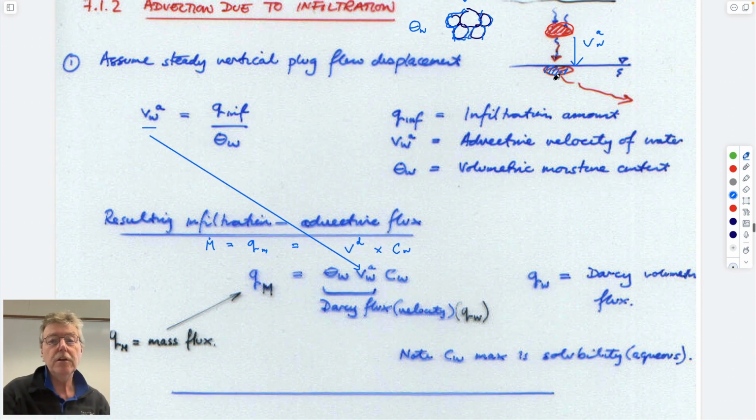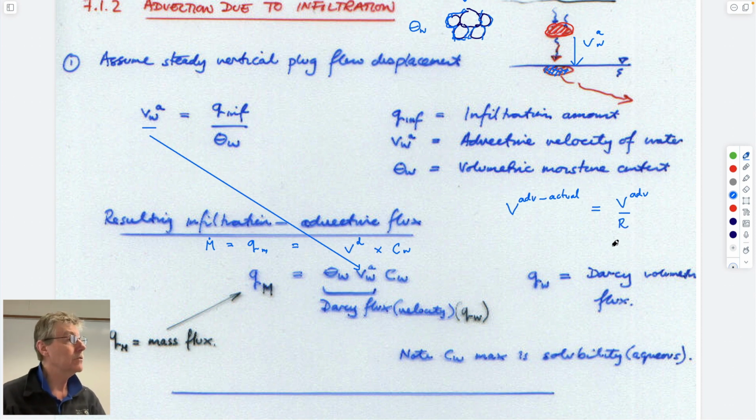And so if we want to calculate the loading that will occur at the groundwater, we can calculate it from this expression here. So one thing is the rate at which it would arrive, the velocity at which it would arrive, V advective actual, would be equal to V advective divided by the retardation coefficient, right?